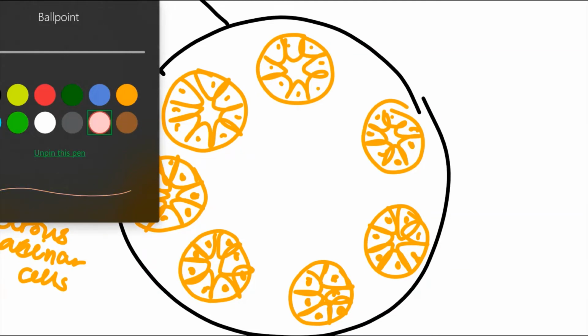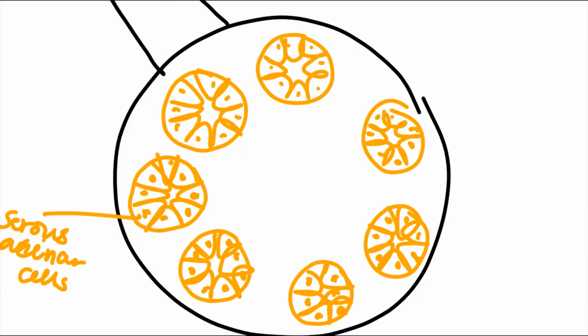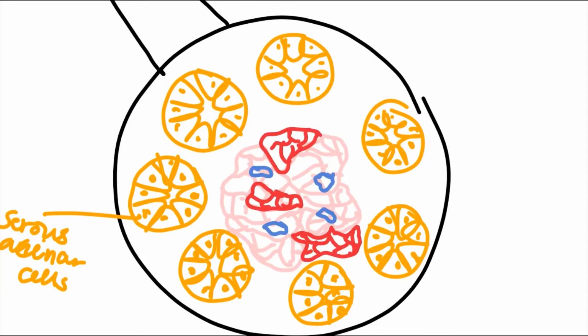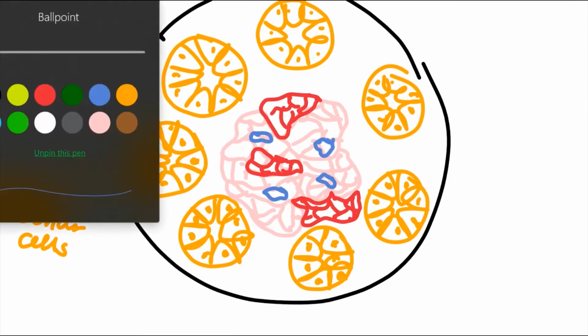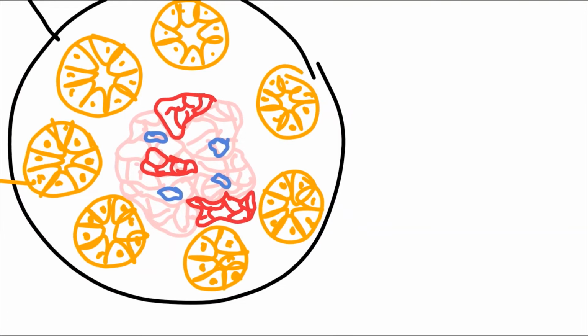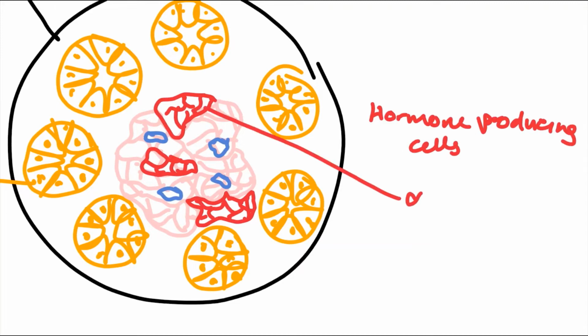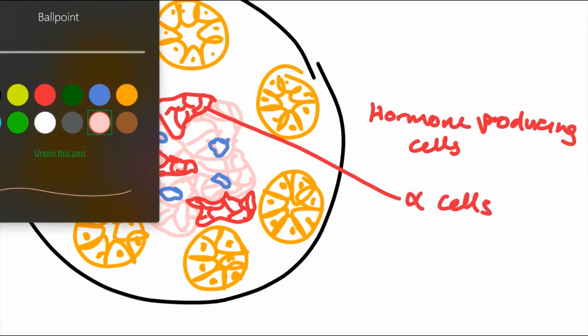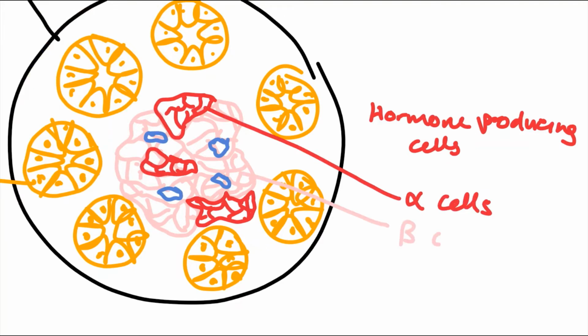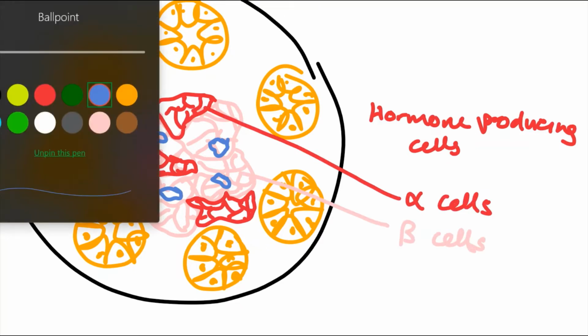So the endocrine part is actually a cluster of cells called the islet of Langerhans. These cells are hormone-producing cells. And the main cells that we need to know are the alpha cells, which are in red, the beta cells, which are in pink, and the delta cells, which are in blue.